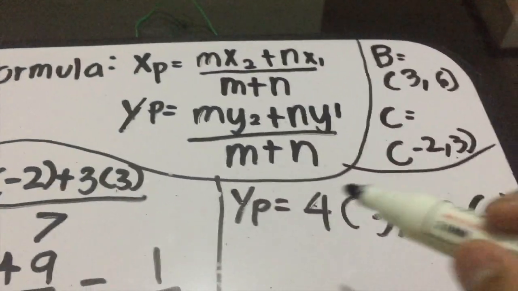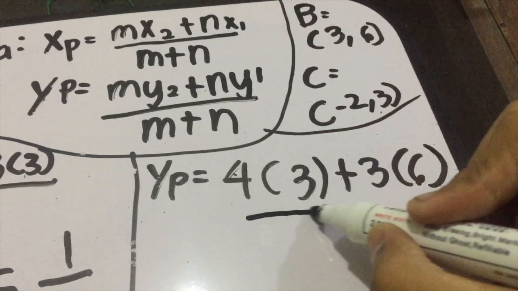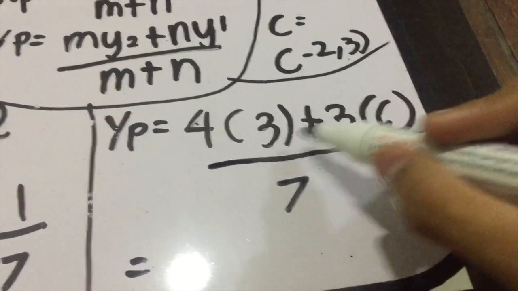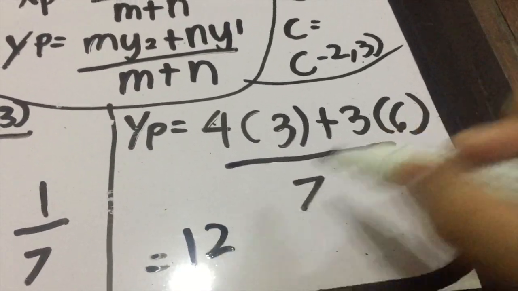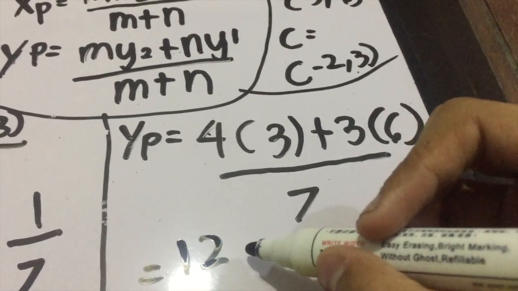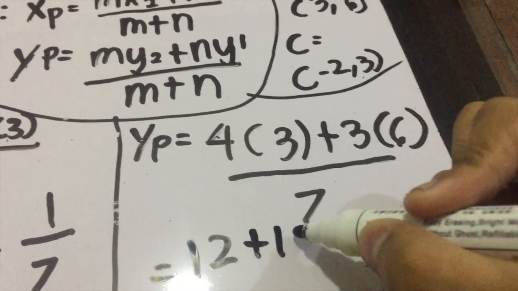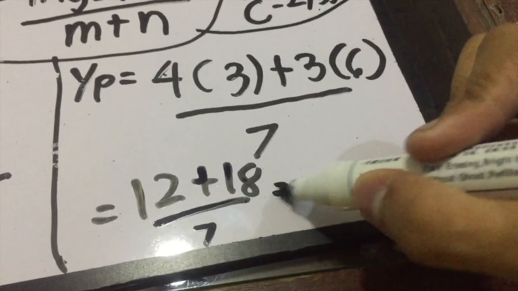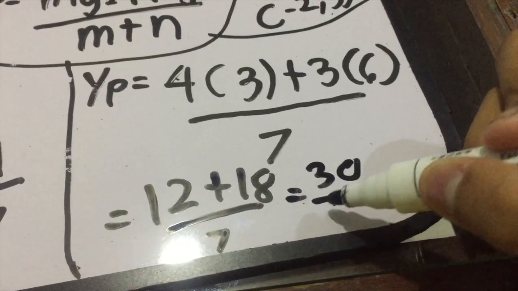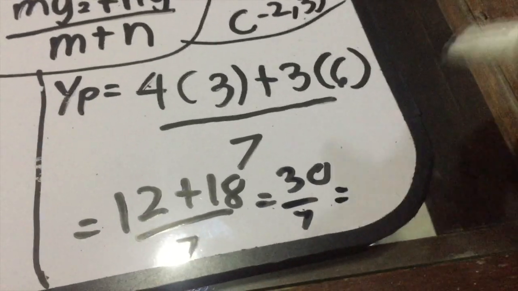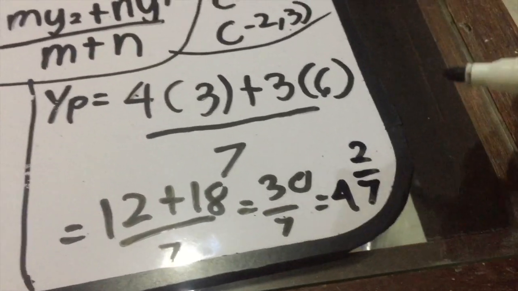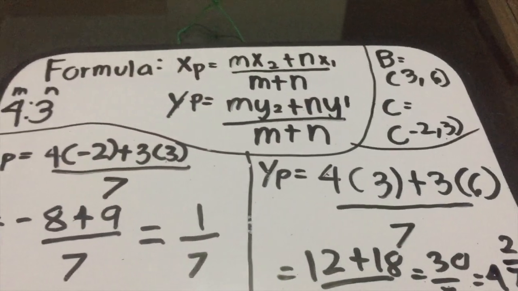Then over m plus n, which is 4 plus 3, equal to 7 again. So we will add this. 4 times 3 is 12. 3 times 6 is 18, over 7. So if we add 12 and 18, they become 30 over 7. Then we can simplify this into a mixed number, which is 4 and 2/7. And that is our y sub p.